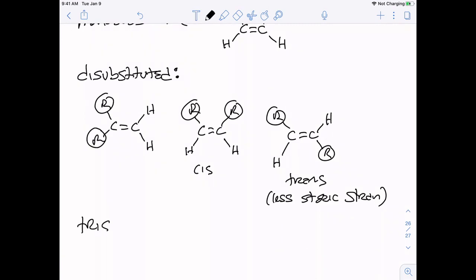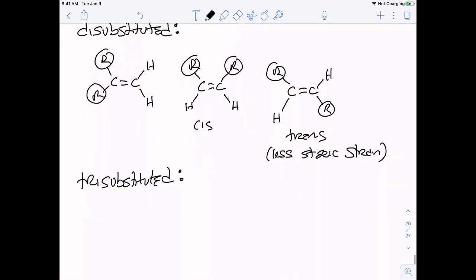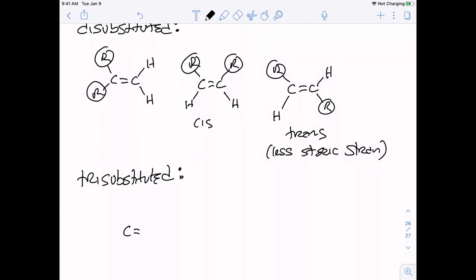Tri-substituted, just as it sounds, it's going to have 3 R groups attached to the carbons involved in that double bond. And then tetra-substituted, tetra is going to be 4.